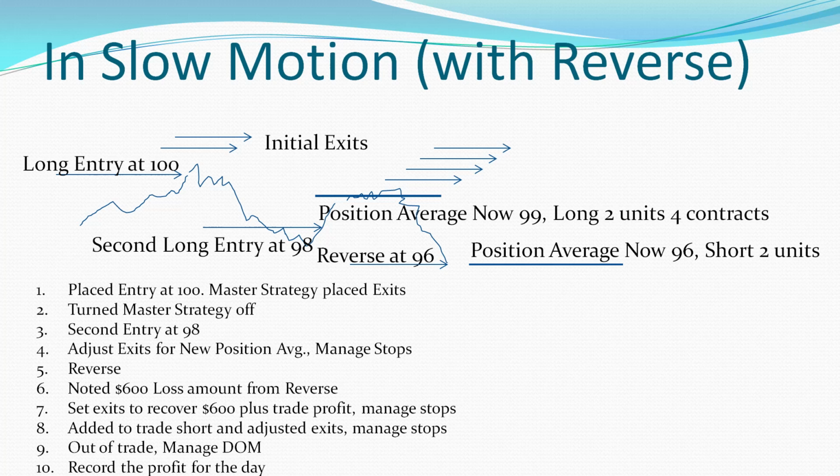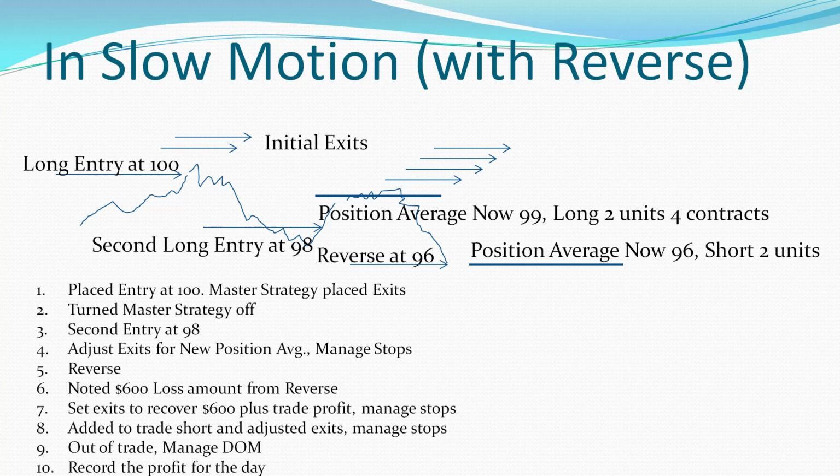You have to realize that when you hit the reverse button, you have booked some loss. So that's why we're going to look at where our profit levels were for the day prior, and we're going to look at the order and position tracker window on what our profit level now is. And in this case, the difference in that is going to be $600.